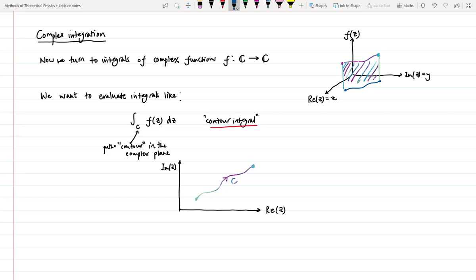Similarly, as for real multivariable functions above, we could specify this contour parametrically. So we could say that down here t equals 0, and up here t equals 1. I'm going to write that down below. As for real multivariable functions above, we can specify the contour parametrically.